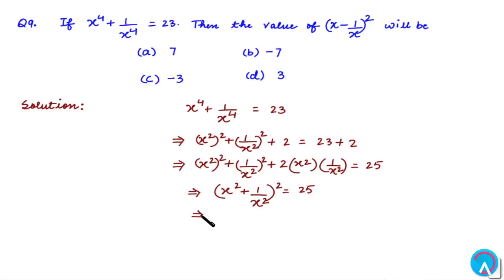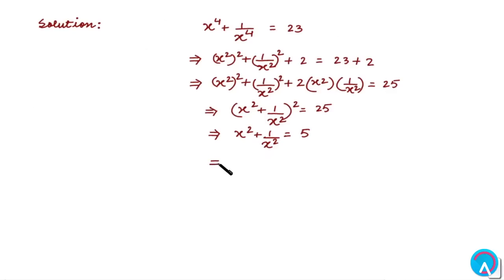From here, taking square roots on both sides, x square plus 1 by x square is equal to 5. Now writing x square as x whole square and this as 1 by x whole square, subtracting 2 from this side and subtracting 2 from the other side also.